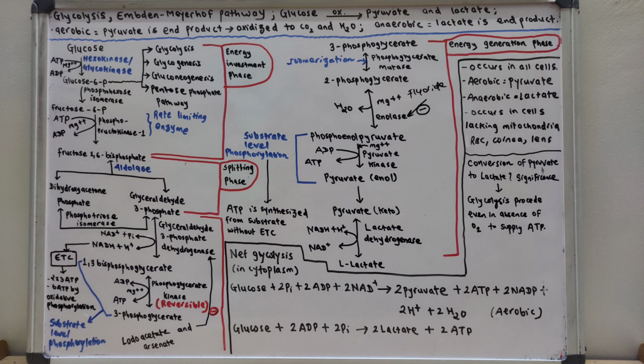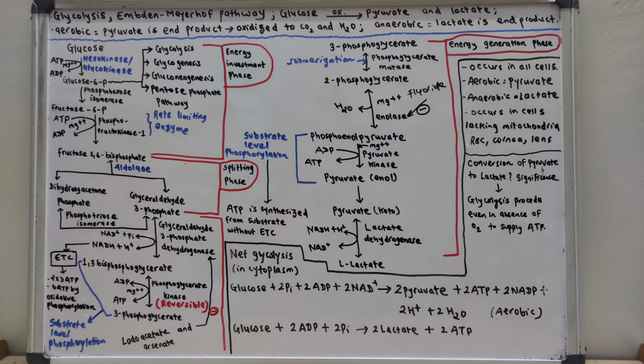This is the crucial step that you should know. Here generation of the two molecules of glyceraldehyde 3-phosphate is obtained. After obtaining the glyceraldehyde 3-phosphate, it is metabolized to 1,3 bis phosphoglycerate by the action of the enzyme glyceraldehyde 3-phosphate dehydrogenase.